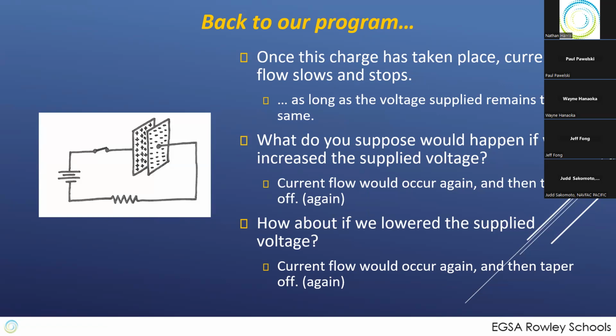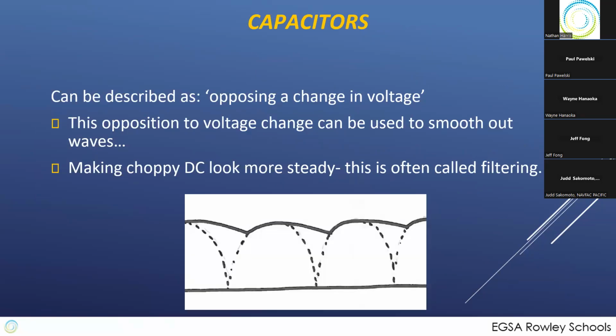All right, so like we said about the Japanese train example, if we up the voltage after the capacitor is charged, we can shove more electrons in. If we decrease the voltage, we can't hold as many electrons in, and some of them flow back out. So what you could say is that a capacitor, by holding on to electrons, is opposing a change in voltage.